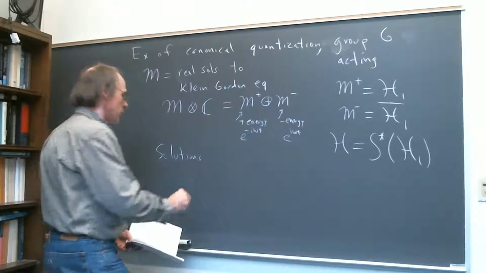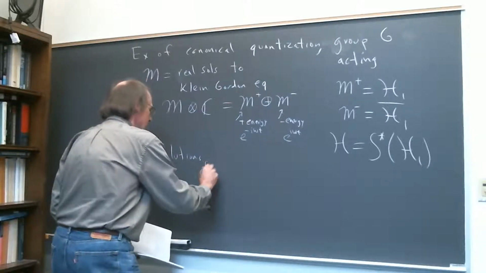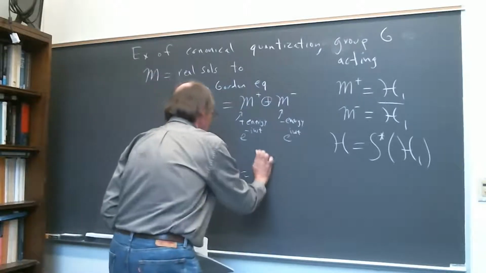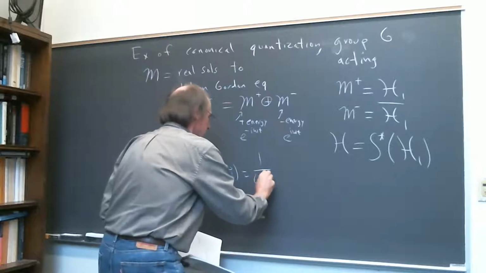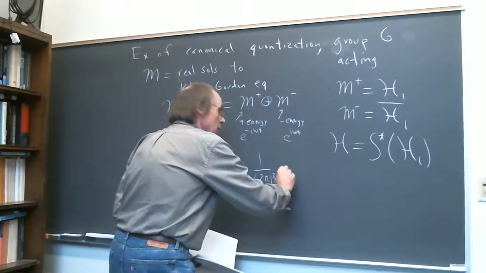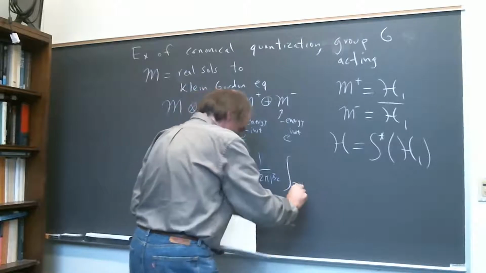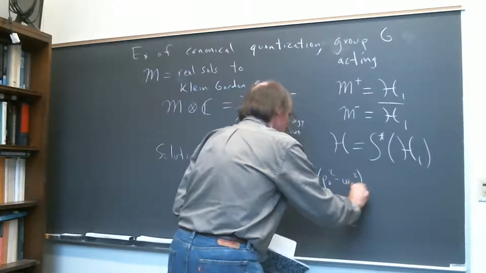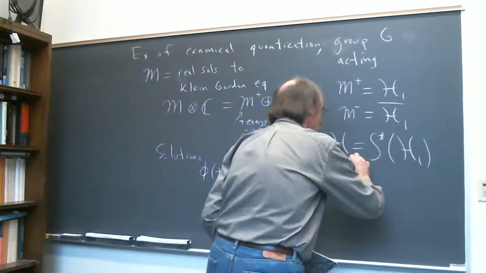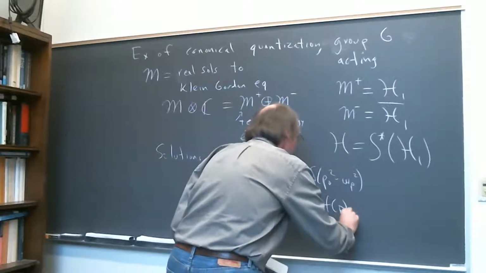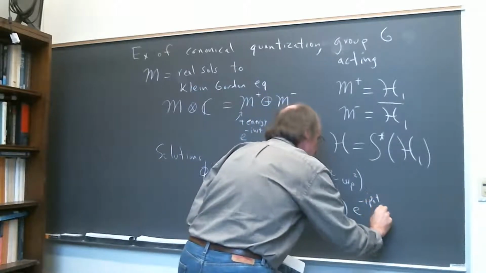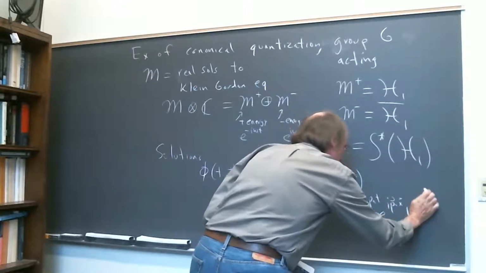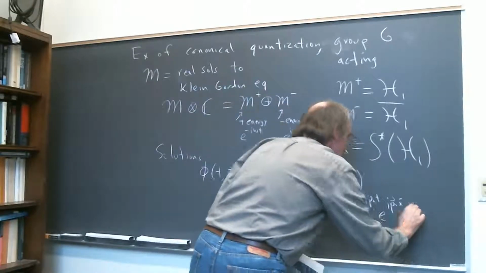One way I wrote them last time was that phi of t, x vector is an integral, with this normalization, over R4 of f of p, and so on.